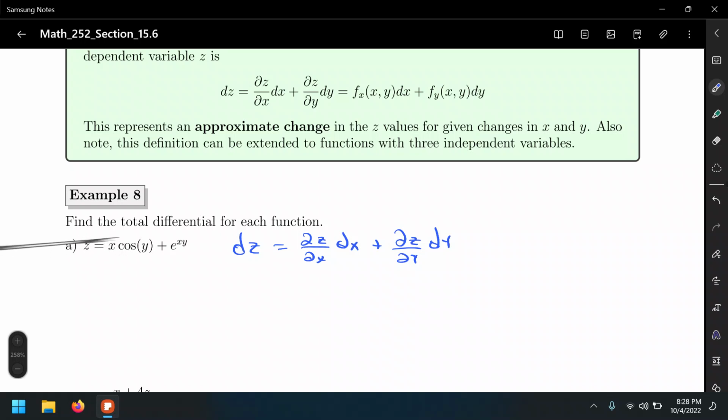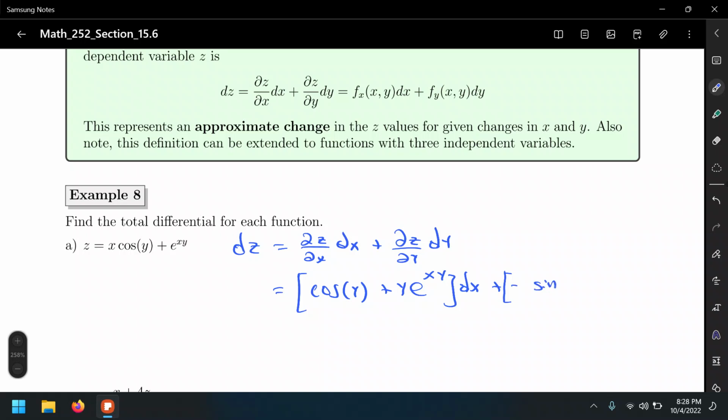The derivative of x is just 1 times the constant multiple, which is cosine y, and then plus the derivative of e to the xy with respect to x. The derivative of the exponential is itself, e to the xy, but what's the derivative of xy with respect to x? y. All right, so that's times dx plus the partial derivative with respect to y. In this case, we're going to differentiate cosine. What's the derivative of cosine?